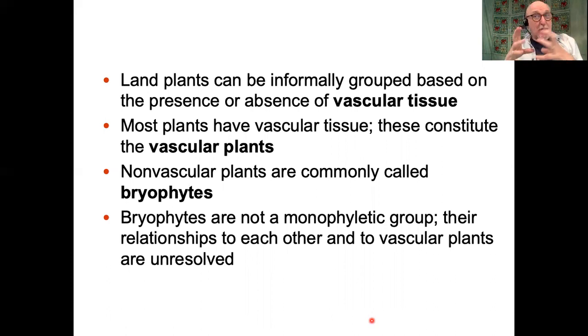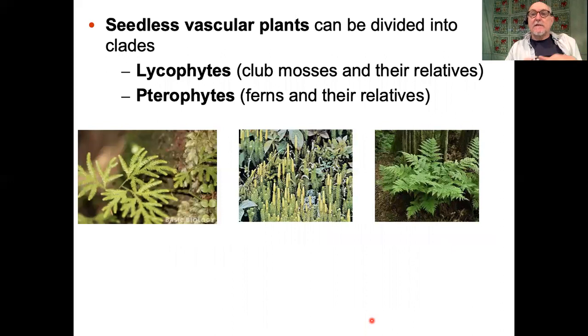Now, this group, the Bryophytes, is a very poorly understood group, but they clearly have no true vessels inside the plant body which will conduct water. That means that water and nutrients have to diffuse into and through the plant rather inefficiently, which limits the plant's size.